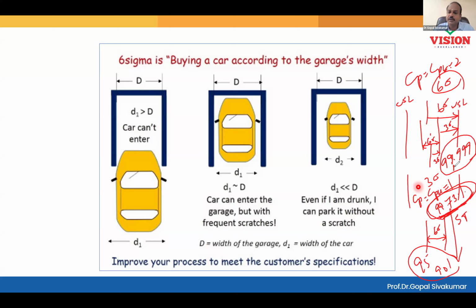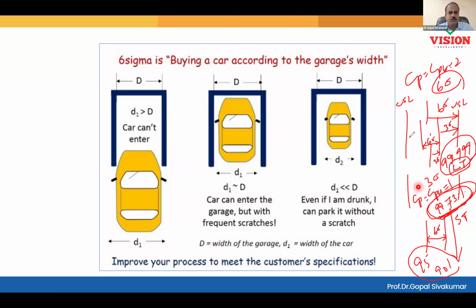This 99.999 is a long-term success rate. That's why it's always a good idea to maintain a Cpk value of 1.67 or 2. Even in the long run, your success rate will be close to 100%. Even in the long run, the rejections will be very, very minimal.